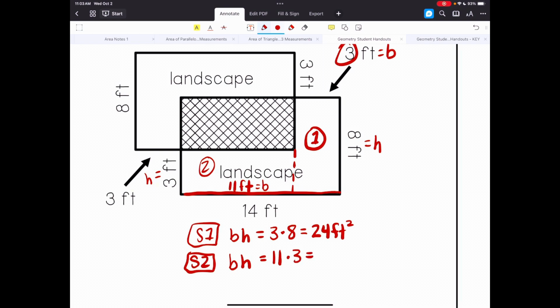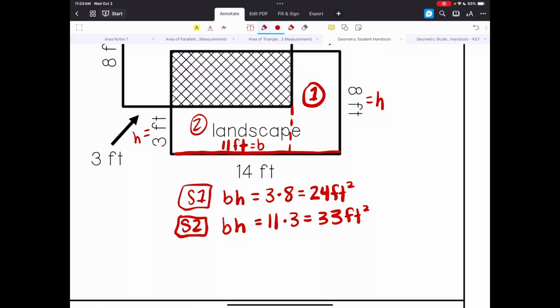So that's going to total up to 33 feet squared. Now, because it's a complex figure, it's a composite shape, we need to add these 2 together. So to get my total, 4 plus 3 is 7, 2 plus 3 is 5 feet squared for one landscape. Okay, so that one landscape is 57 feet squared.